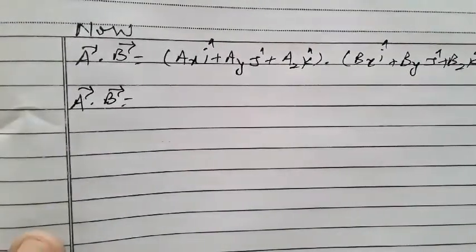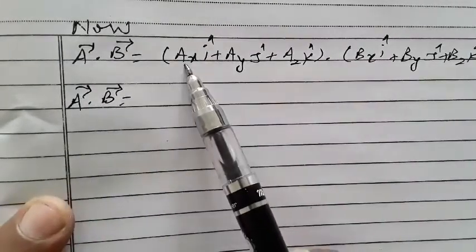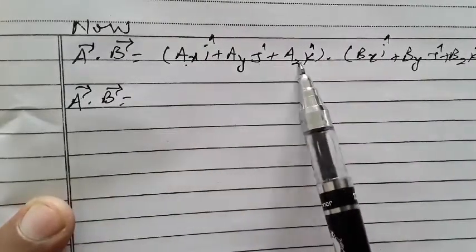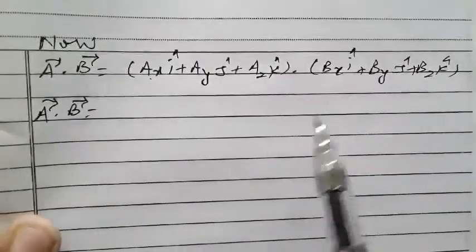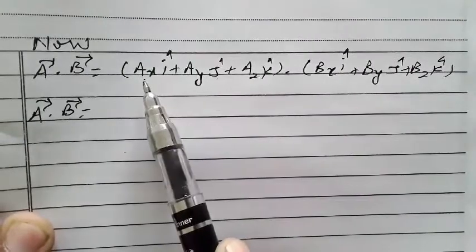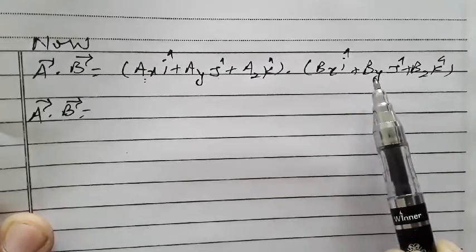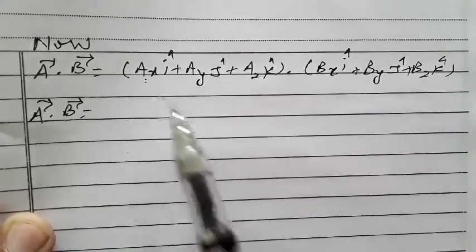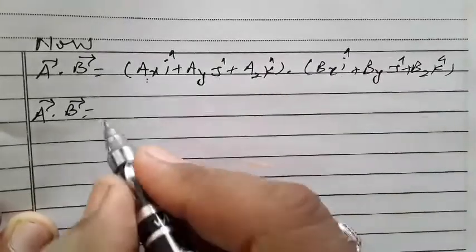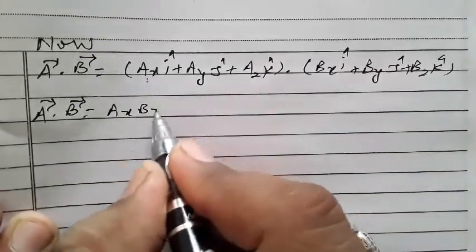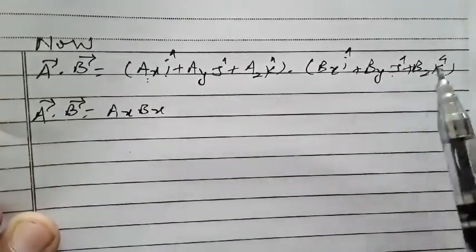Now the dot product of the two vectors a and b. Vector a is ax into i cap plus ay into j cap plus az into k cap, dot bx into i cap plus by into j cap plus bz into k cap. Now this ax into i cap will be multiplied by bx into i cap, by into j cap, and bz into k cap. i dot i is equal to 1, so ax into bx. i dot j will be 0, i dot k will be 0.